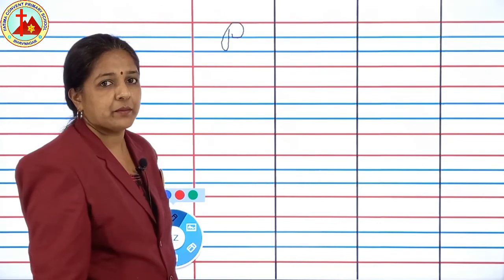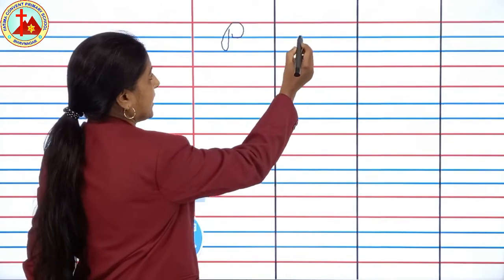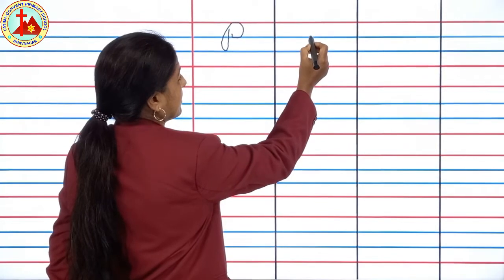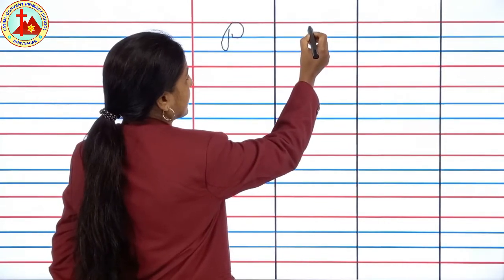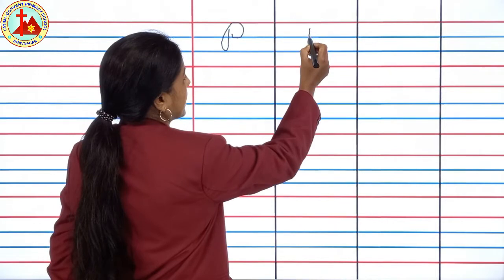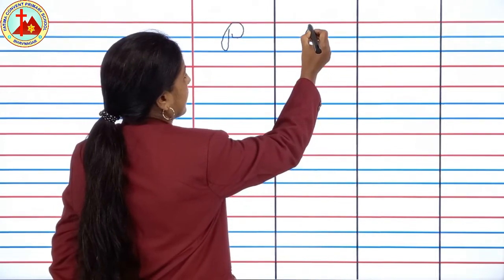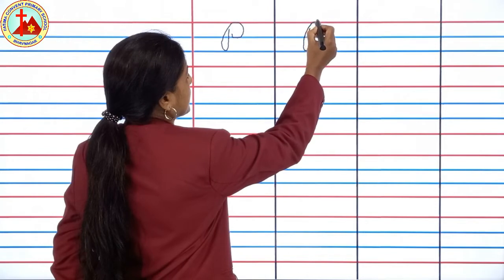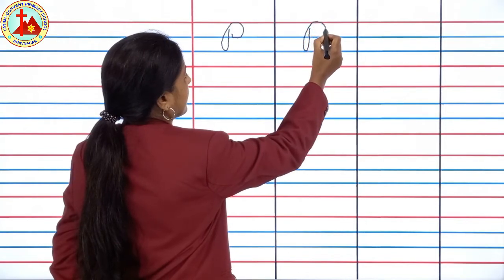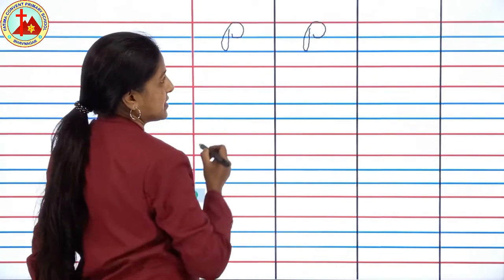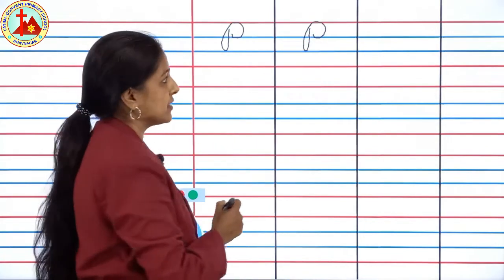Cursive capital P. Again, between the red line and blue line, we will start the standing line, take it up to the first red line, inside curve, touching the first blue line.